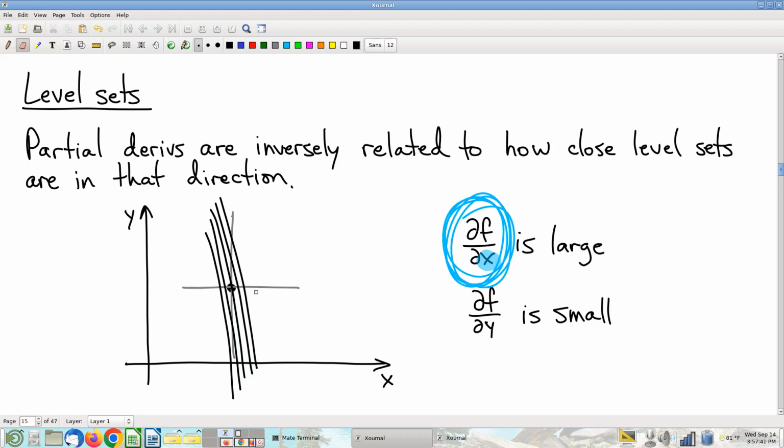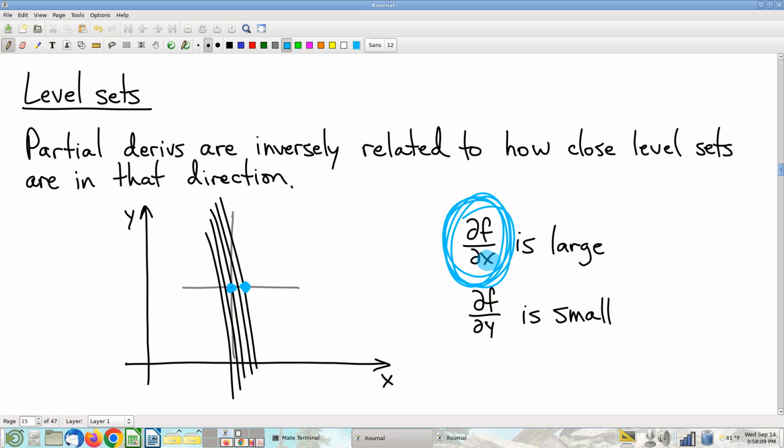And here's the thing. I can see how much the function is changing by, for example, between there and there, how many contour lines did I cross? If each one of these contour lines, level sets, right? When I'm looking at level curves, I like to think about height being what the function represents, because I'm accustomed to looking at topographical maps.